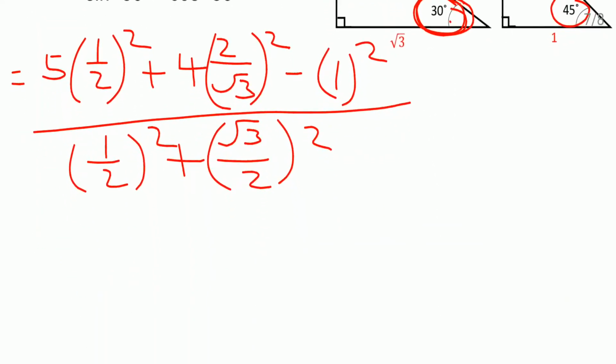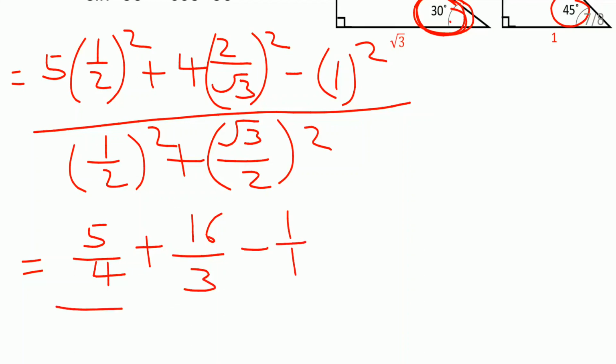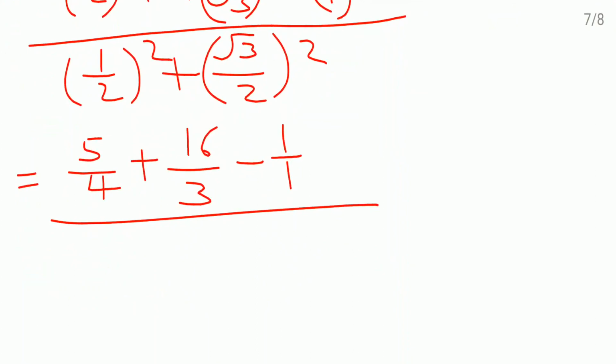Now here 5 and 1 by 2 square means 1 by 4. So I will directly write 5 by 4 plus. Now 2 square is 4 and this 4 is there. So 4 4s are here 16 by 3. Correct? Root 3 square is 3 and minus 1 by 1. Come to the denominator here.